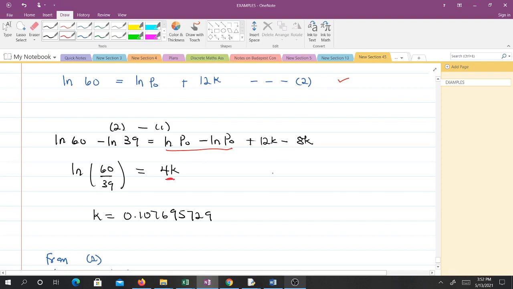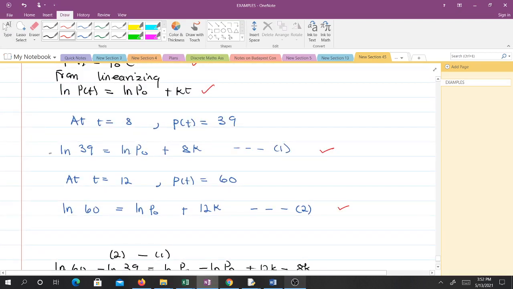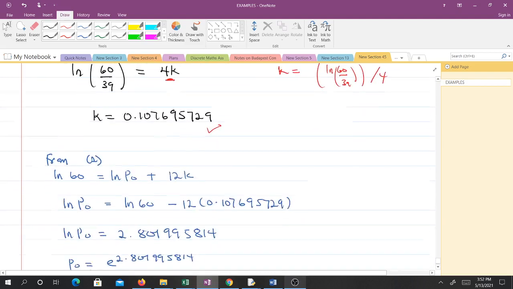So k will be equal to ln of 60 over 39, all over 4. When you compute this, you get k to be 0.107695729. Then you put k into either equation 1 or equation 2, and that will help you find p naught.